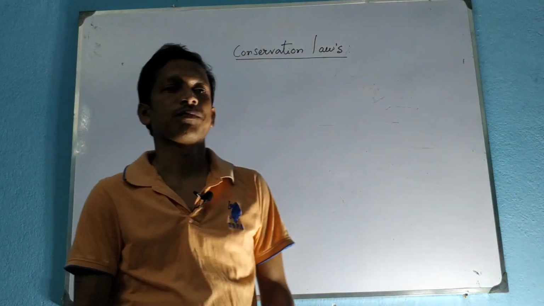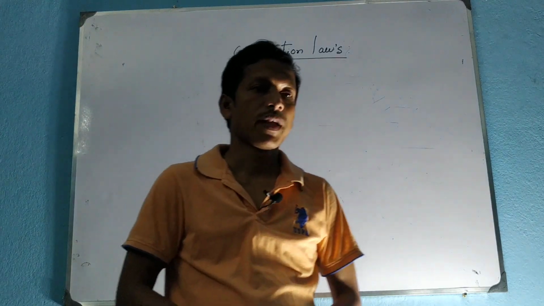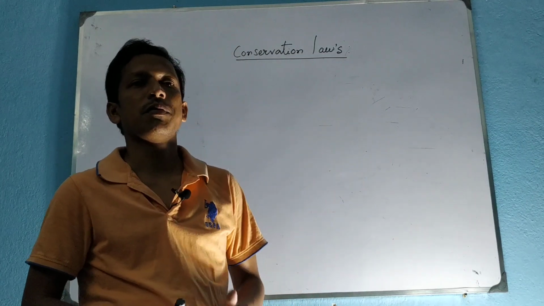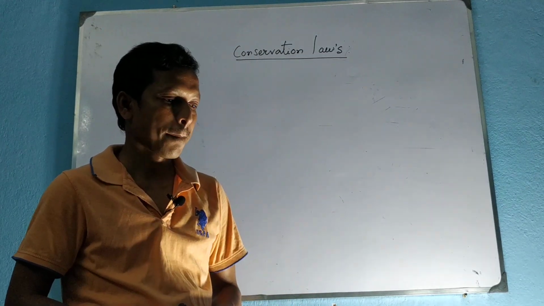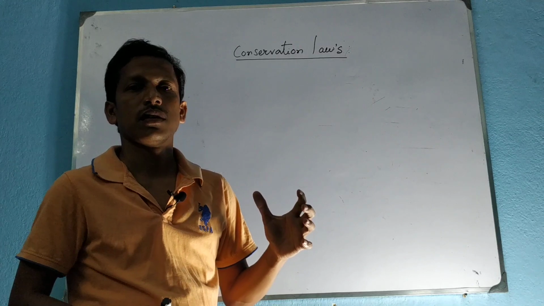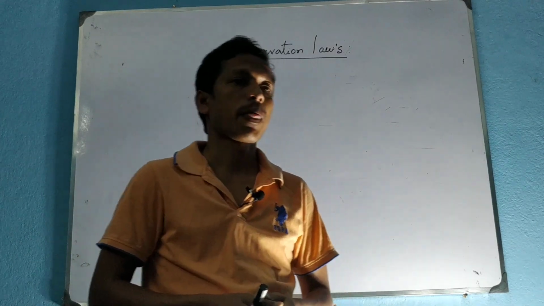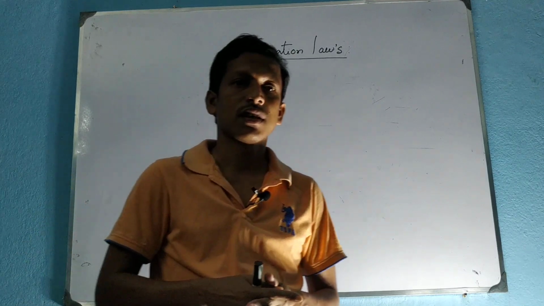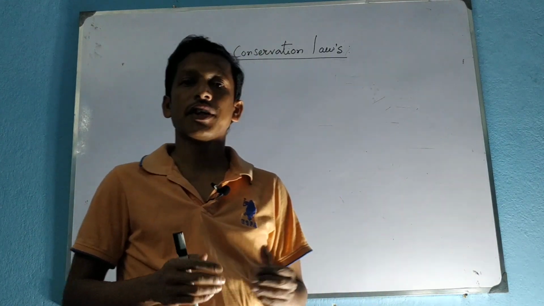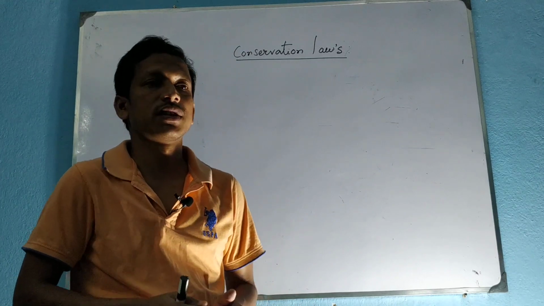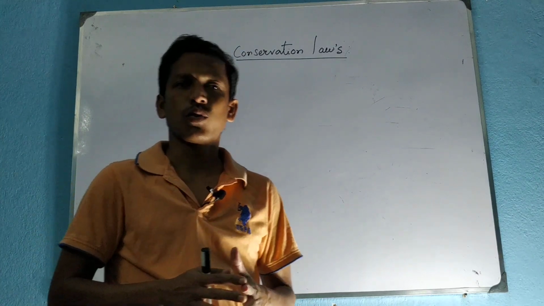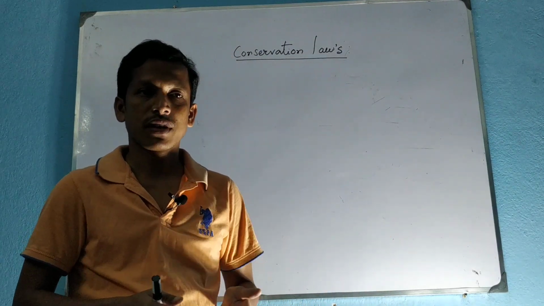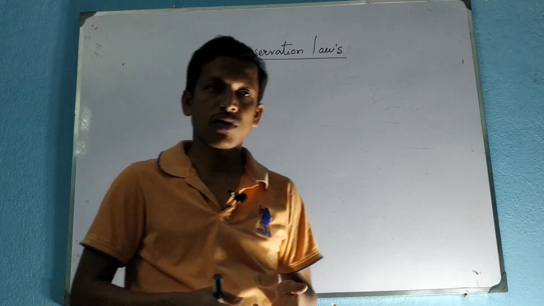Good morning everyone. This is another lecture on elementary particles. We already have discussed in the previous classes the four fundamental interactions and the exchange particles of the interactions, the classification of the elementary particles, and also different quantum numbers: isospin quantum number, strangeness quantum number, baryon quantum number, lepton quantum number.